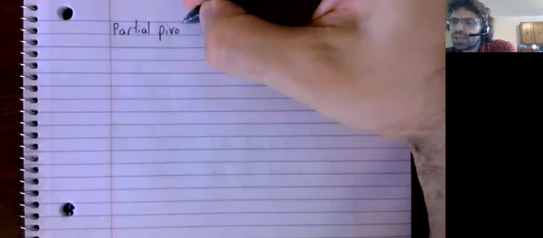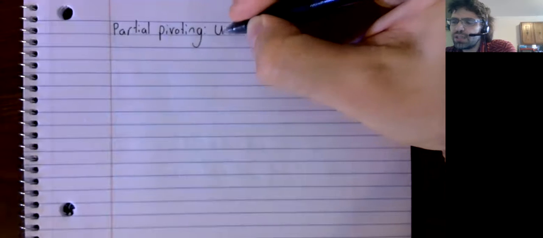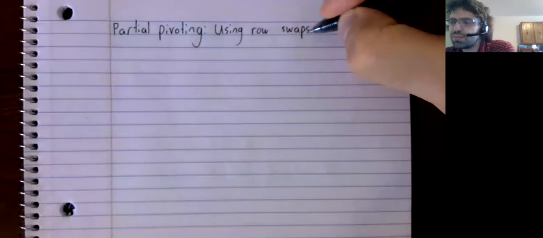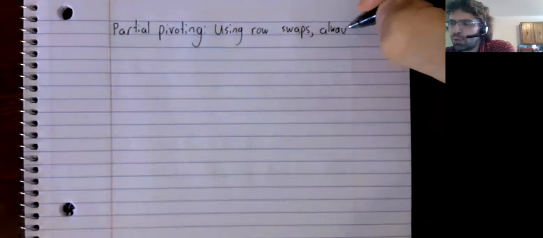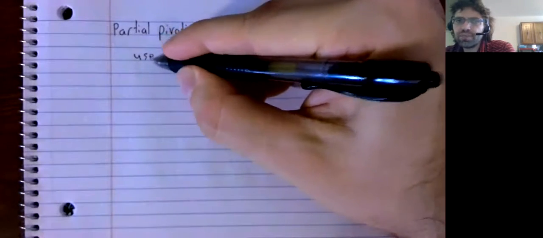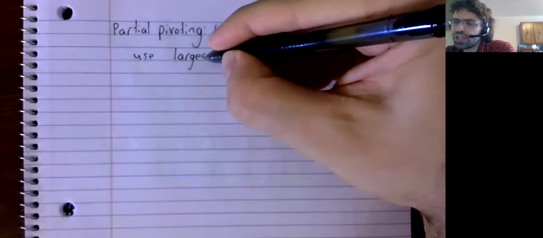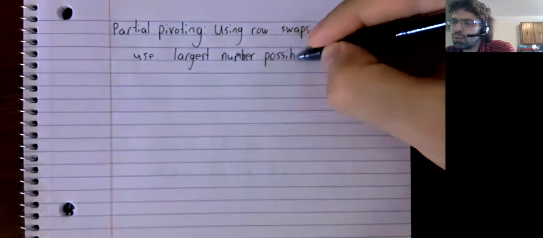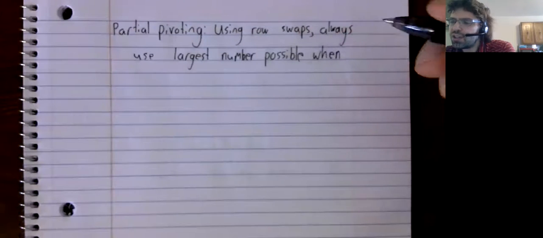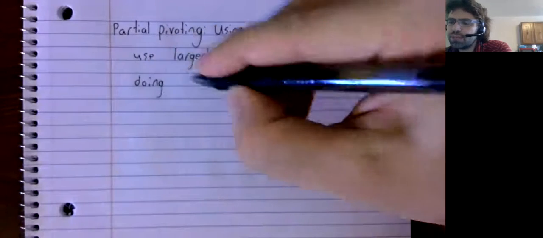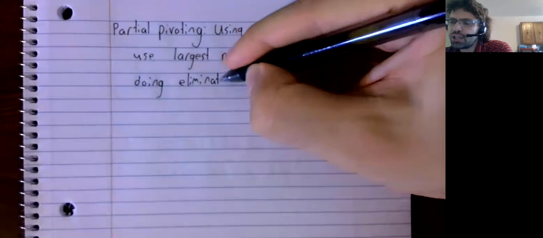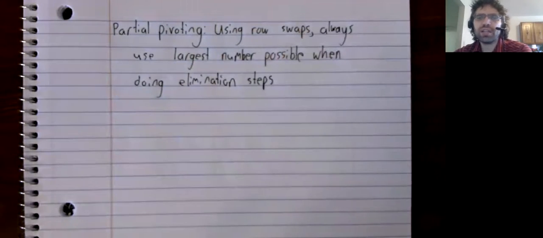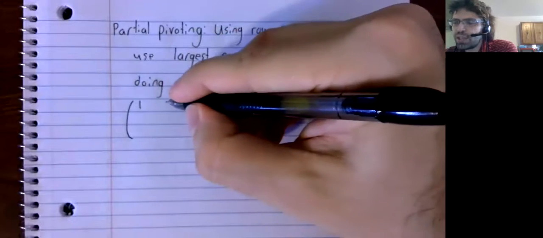Partial pivoting is using row swaps to always use the largest number possible when doing the elimination steps of Gaussian elimination.